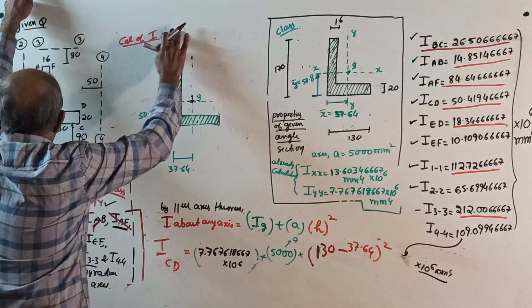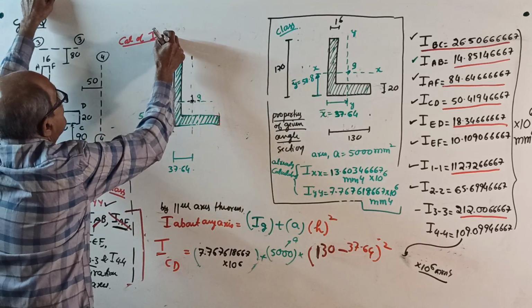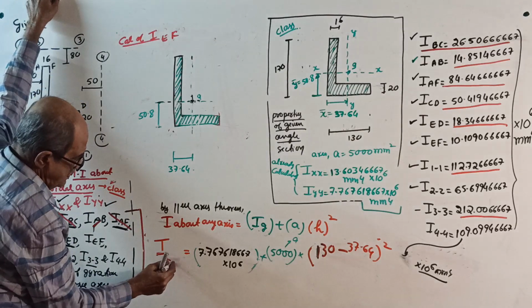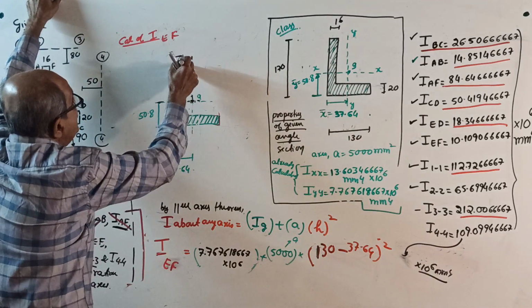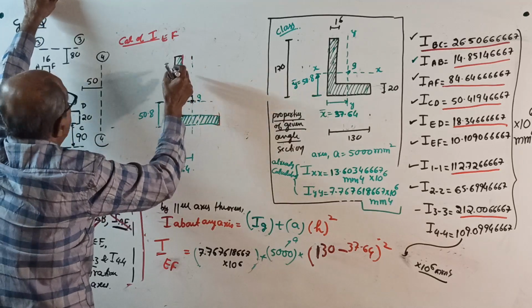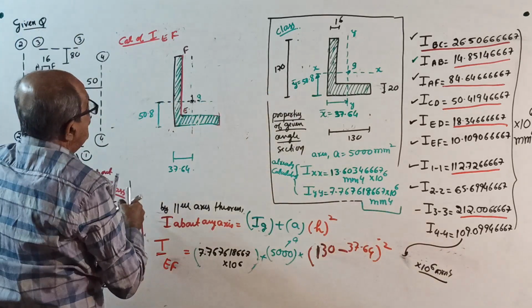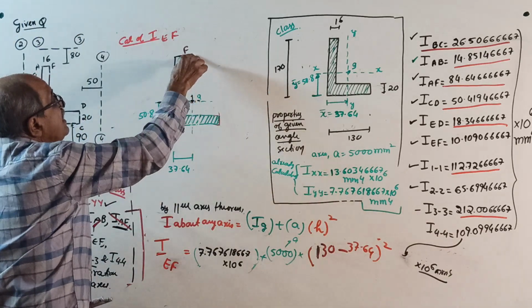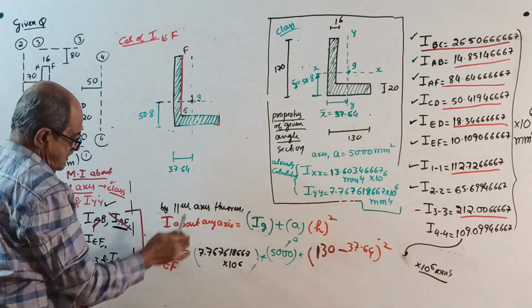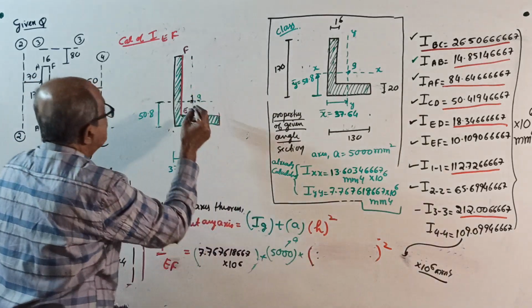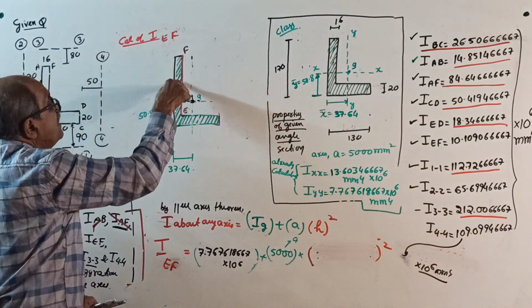Now they want I about EF. This is your EF, E is here, F is here. First, I about its own centroidal axis, EF, same as this answer, plus area into the distance from centroid to EF, squared.